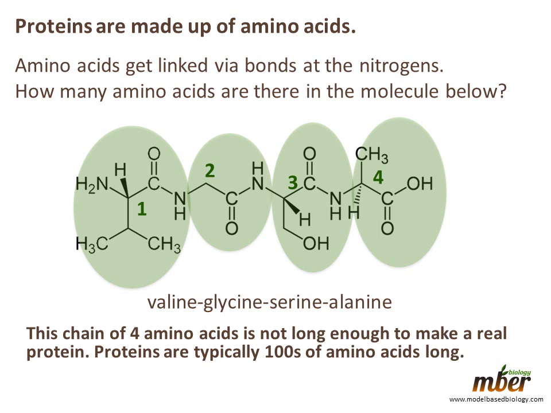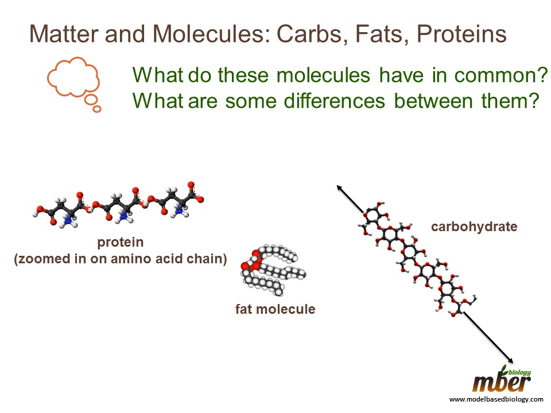Okay, so keep in mind here that this model of 4 amino acids isn't long enough to make a real protein. They're typically hundreds of amino acids long, but we've got 4 on this slide just as an example. Okay, now we're on to matter and molecules.